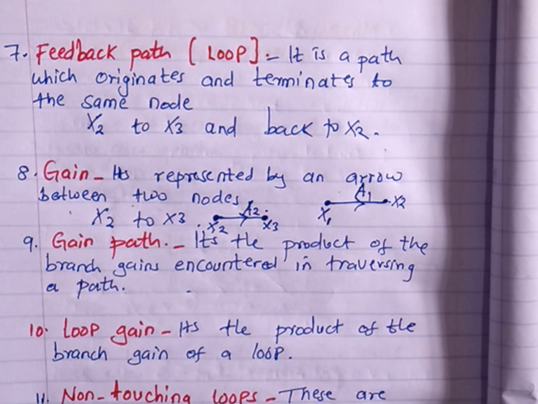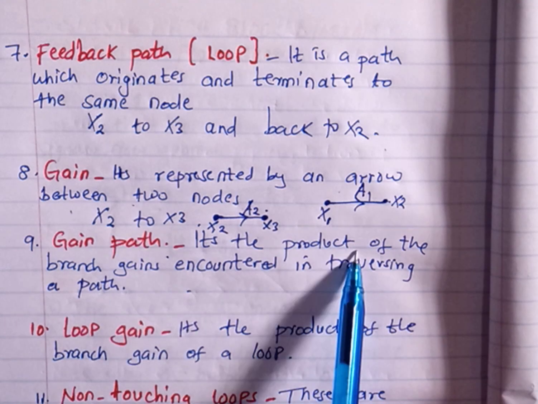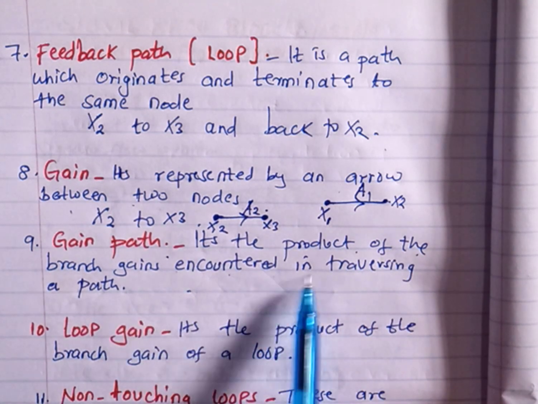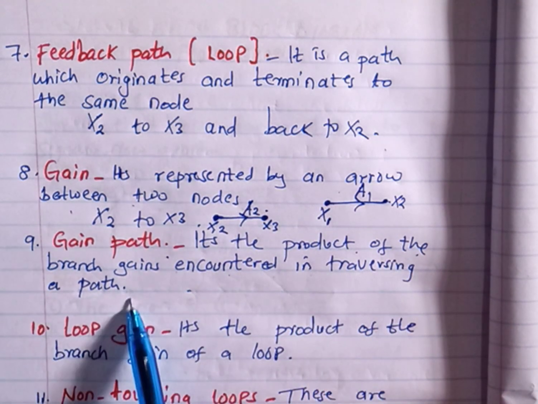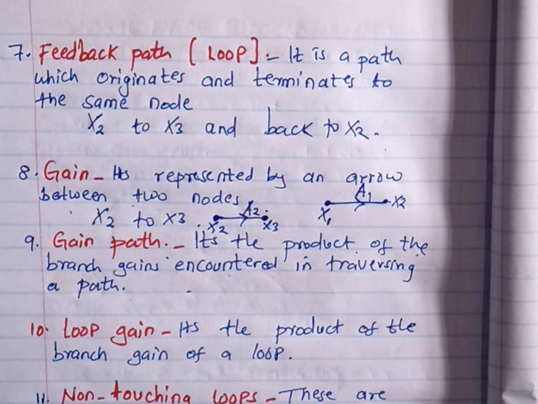Then the next term is the gain path. It is the product of the branch gains encountered in traversing a path. So when we talk of a gain path, it's just the product of the branch gains that we encounter in a specific path.